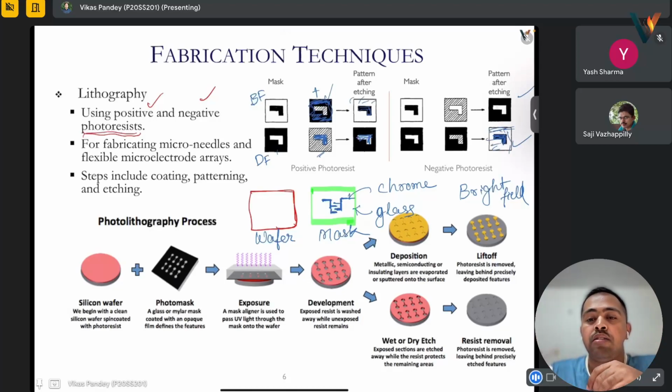And then at last we will put this whole wafer into acetone, that will remove the PR, since the photoresist is not of our use. It was just there to make the pattern. It will remove the photoresist, and we will get the pattern of our metal.